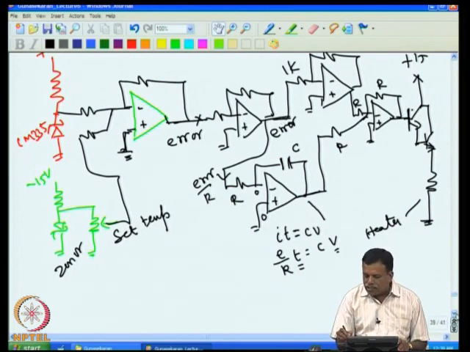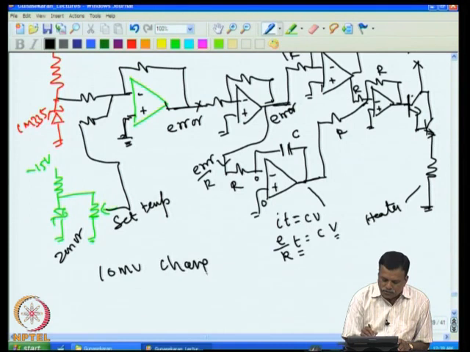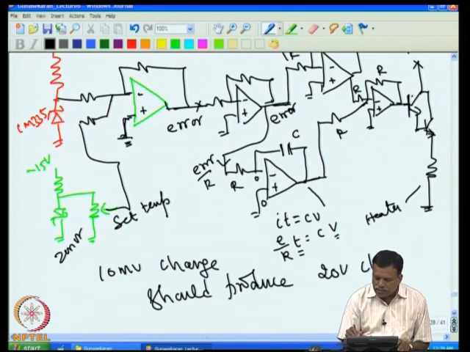So 10 millivolt change should produce 20 volt change at the heater.